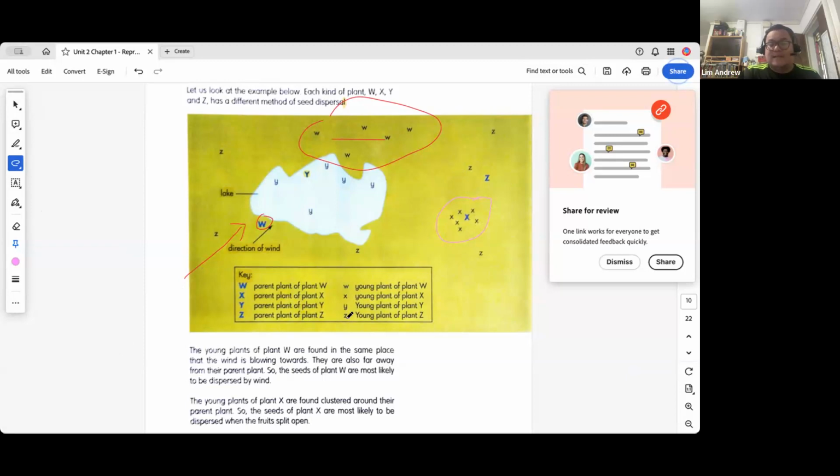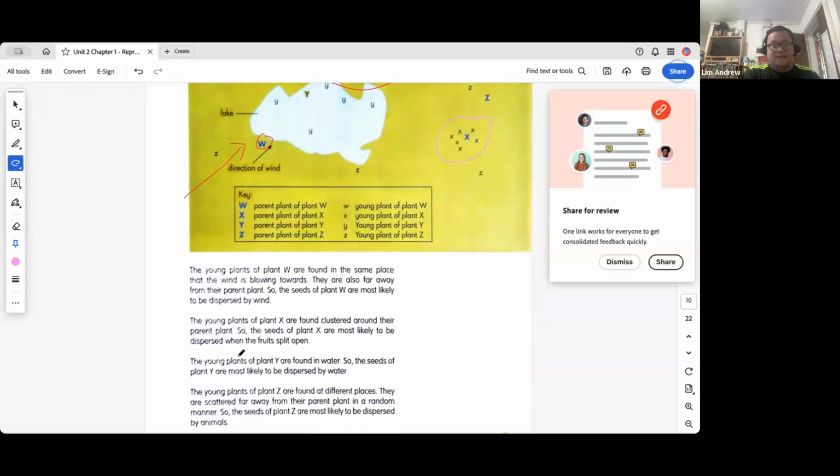Therefore, we most likely believe that plant X is dispersed by explosion. When the fruits explode, the seeds of plant X split in different directions, but being a mild explosion, they cannot travel far, therefore they are near the plant X itself.